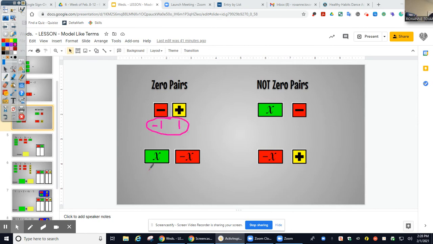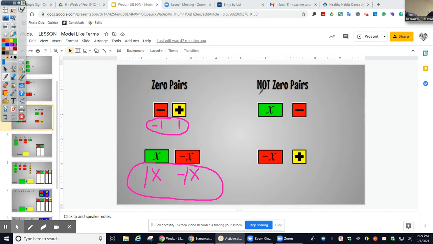Well, same thing here. We have a positive x and a negative x. It's like saying 1x and negative 1x. So a positive 1x and a negative 1x also cancel each other out because they create that zero pair.